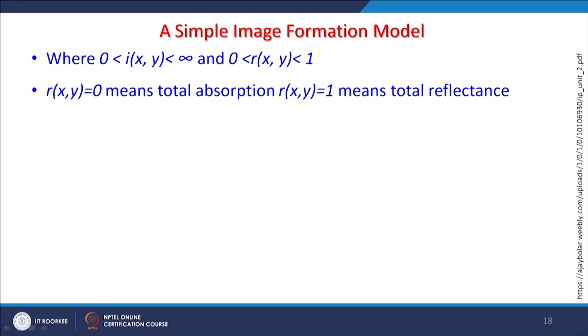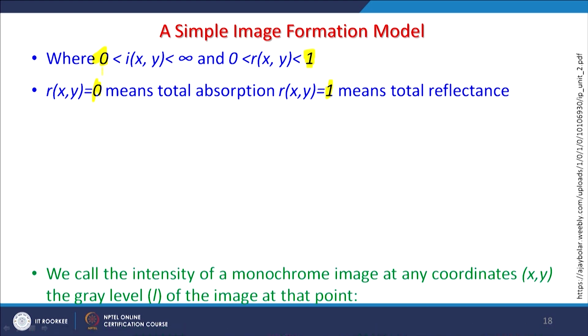R of x and y equal to 0 means total absorption, and R of x and y equal to 1 means total reflection. So, the total values, in case of a binary example, vary between 0 and 1.